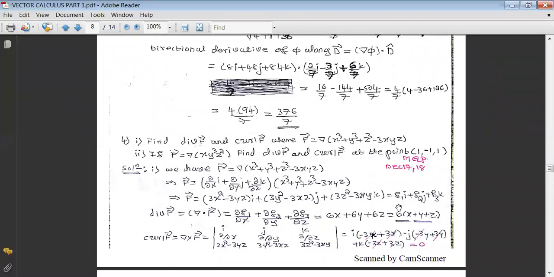That will be the thing we get there. Now this is of the form f1 i plus f2 j plus f3 k.